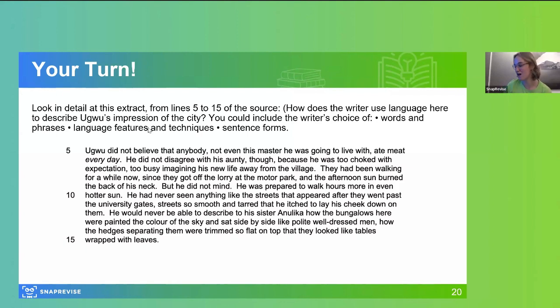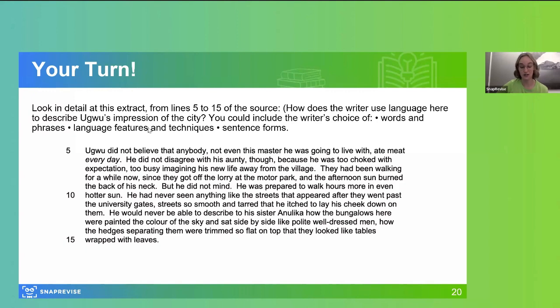While you're finishing up your part, I can tell you what I did. I picked out the section down at the bottom about the polite, well-dressed men, and I said that this was a simile. For my example answer, the best thing I can recommend when you're talking about similes or metaphors is using the 'just as, so too' structure.